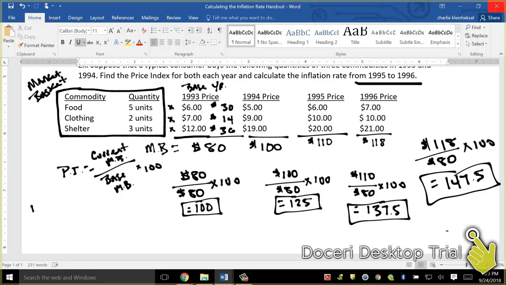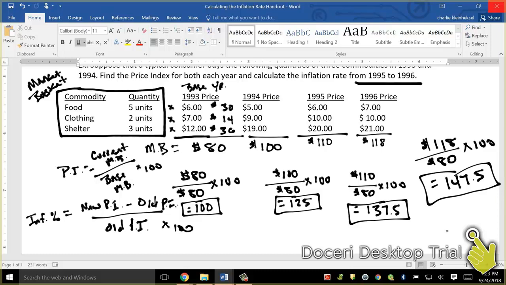It's going to be the new price index value minus the old. Inflation percent equals new price index minus the old price index divided by the old times 100. Okay? Which is listed at the top of your sheet under number 4.